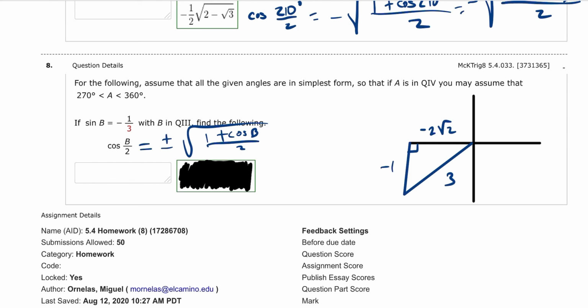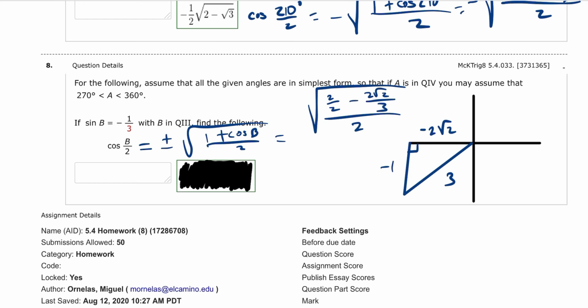Cosine of b would be, cosine is adjacent over hypotenuse, so that's negative 2 radical 2 over 3. So that's going to be 2 over 2 minus 2 radical 2. That's just a single negative, over 2.